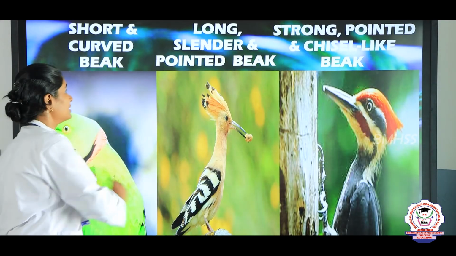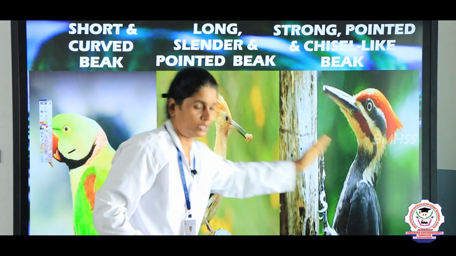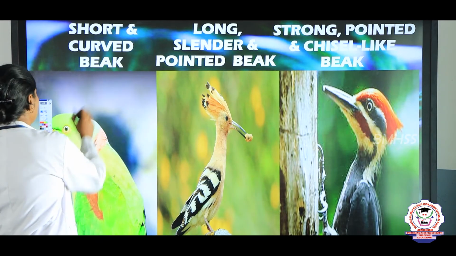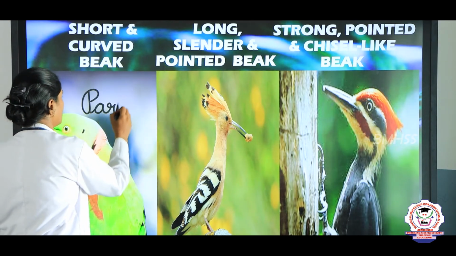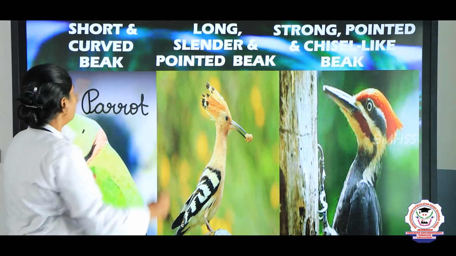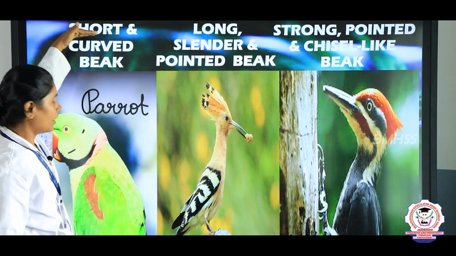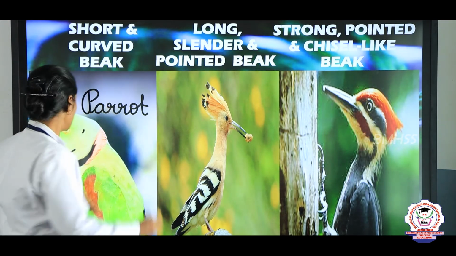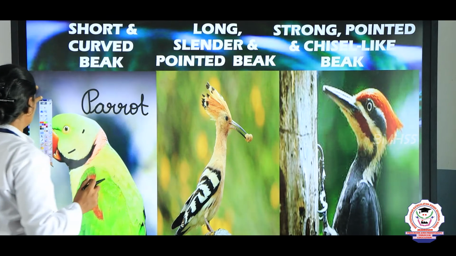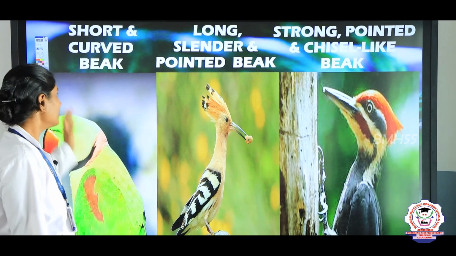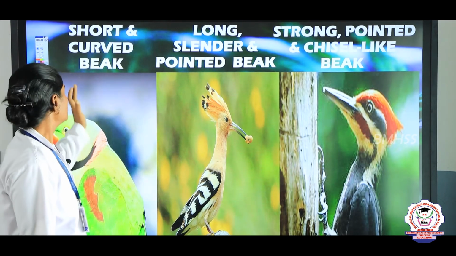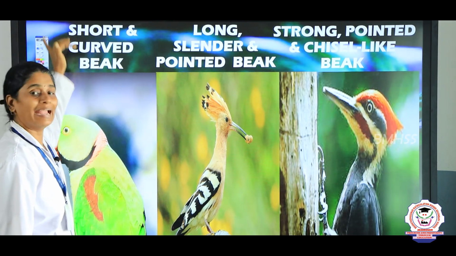So some birds have a different type of beak. If you take parrot, parrot has a short, strong and curved beak. You can see the beak here. Parrot has a very short and curved beak.